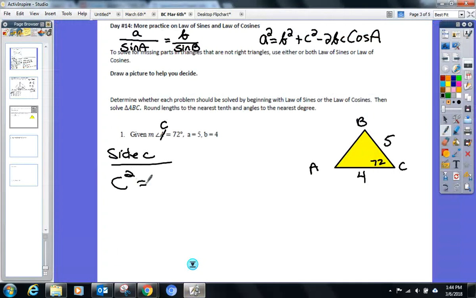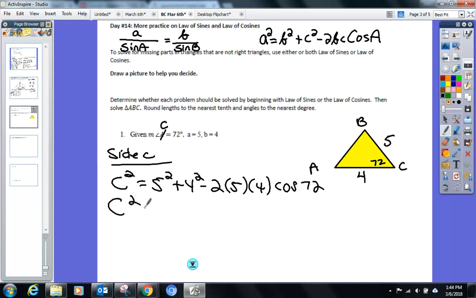C squared equals, you guys can help me fill out the rest. 5 squared plus 4 squared minus 2 times 5 times 4 times cosine of 72. And just keep in mind, we're not done yet, so I don't want to round this number I get right now in the calculator.